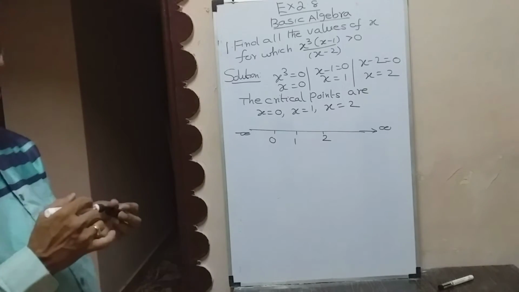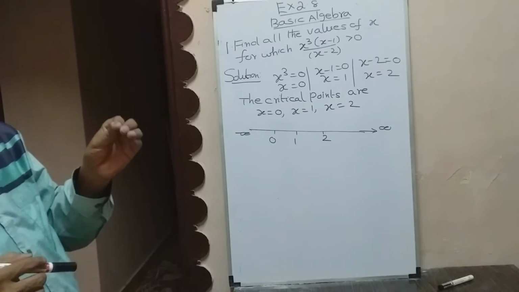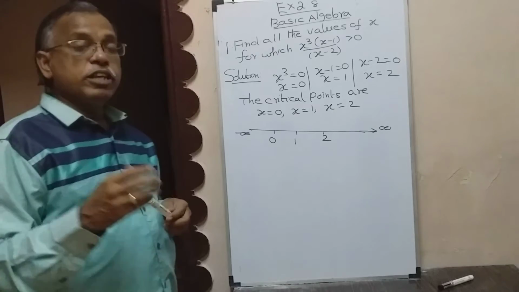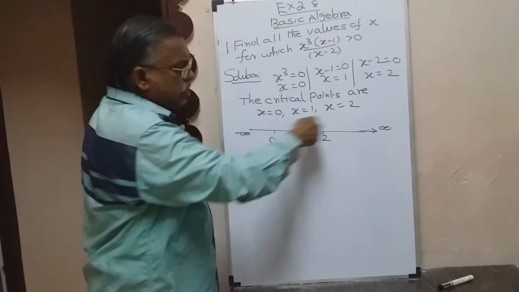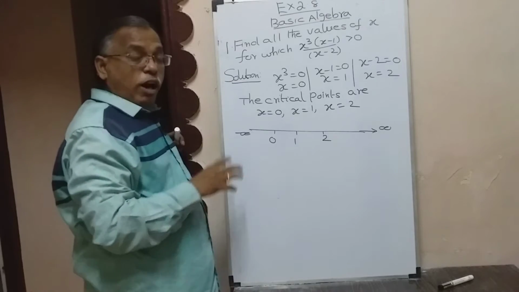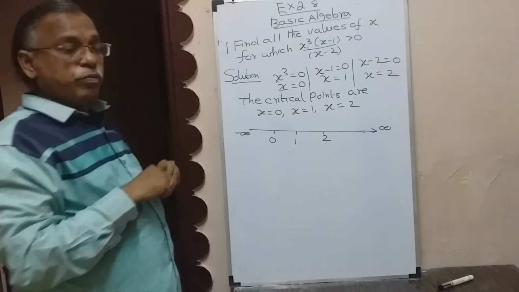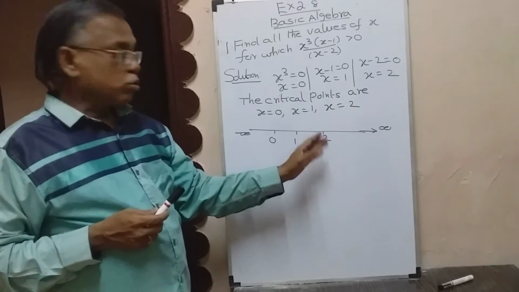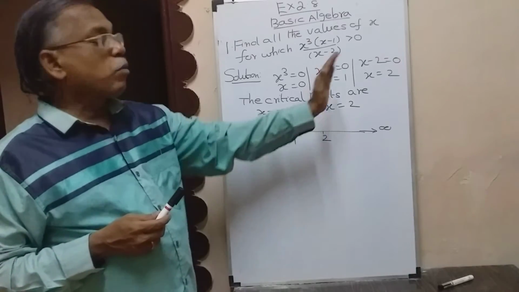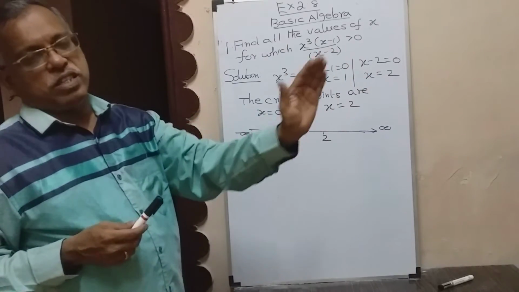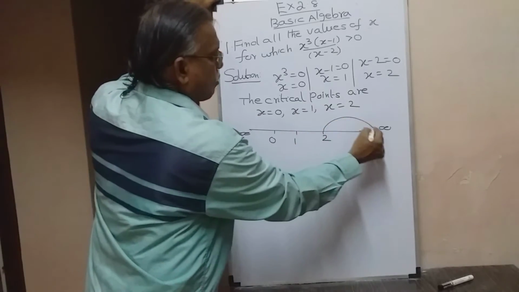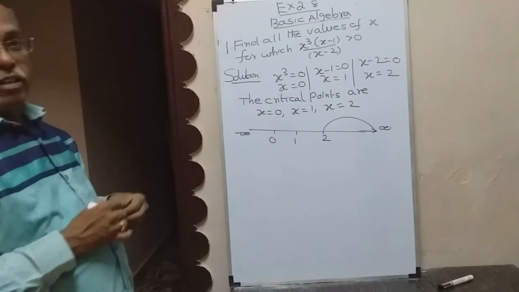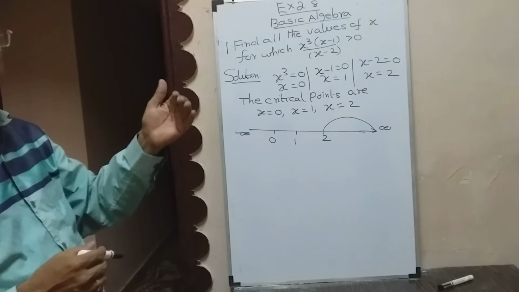Okay students, now how will you divide this into intervals? That is the main thing you should learn. Among these three values, what is the biggest value? 2 is the biggest value. So 2 and more than 2, 3, 4, 5, 6, up to infinity you can take. So you can take one interval from 2 to infinity, more than the greatest value.